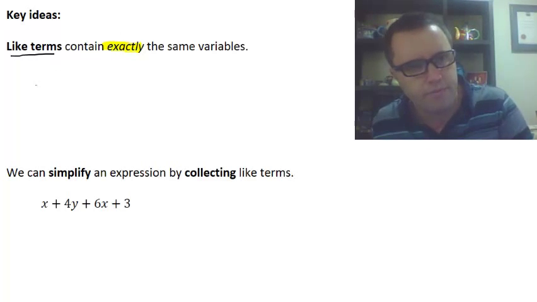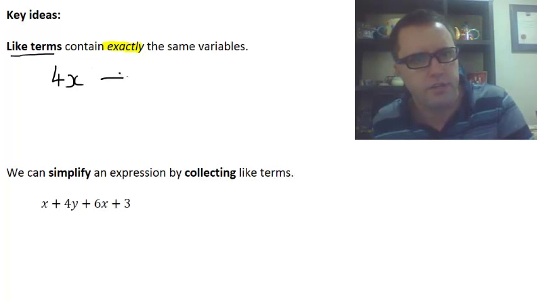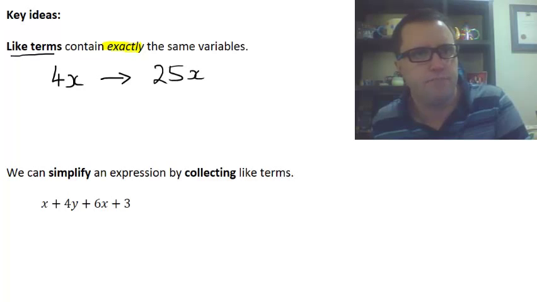For example, 4x is a like term with 25x, okay, because they both have just an x.